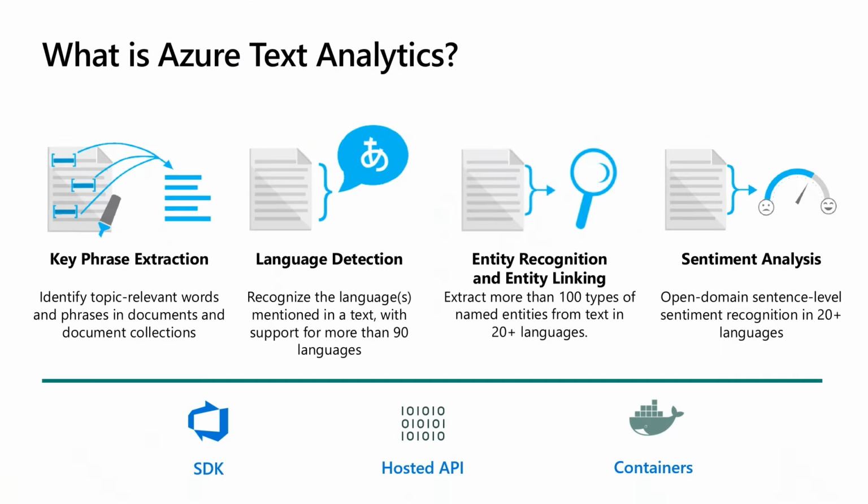The idea is if you have text, be it raw text or transcribed text, and you want to analyze it, then you can send it to the text analysis API. Depending on the type of operation you invoke, you will get a response back. You can do things like language detection, key phrase extraction, entity recognition, PII detection, and my favorite, sentiment analysis.